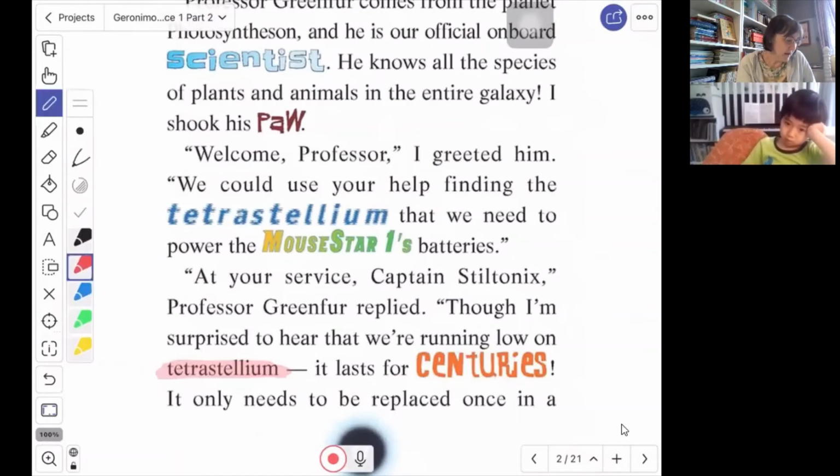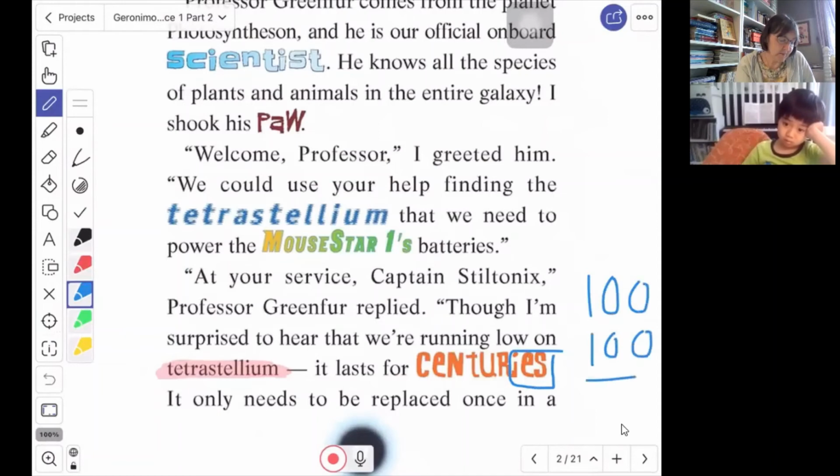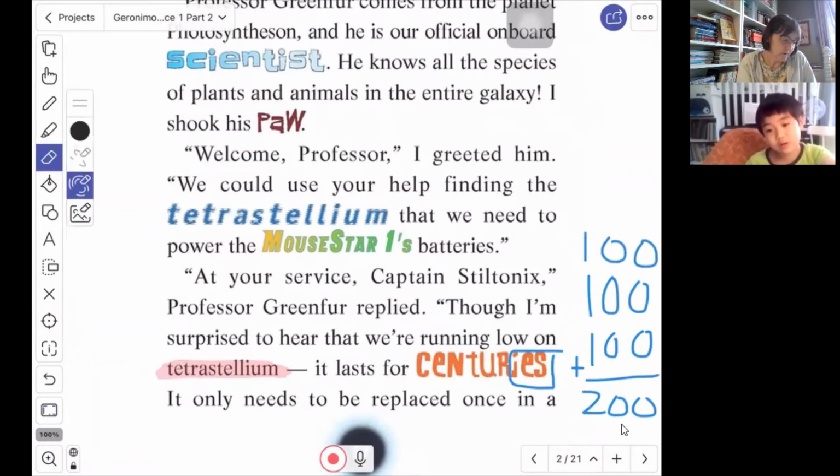So if this is more than 1 century, right? There's an IES here, which means more than 1. So 1 century would be 100 years. What would 2 centuries be? Oh, 200 years. What would 3 centuries be? 300. Okay, so that would be 300 years.